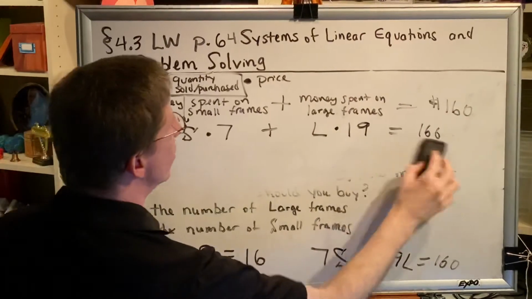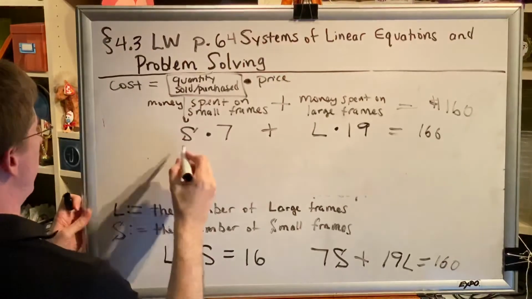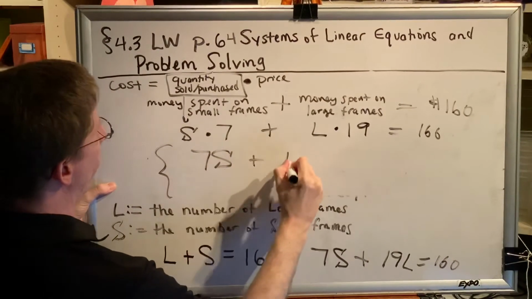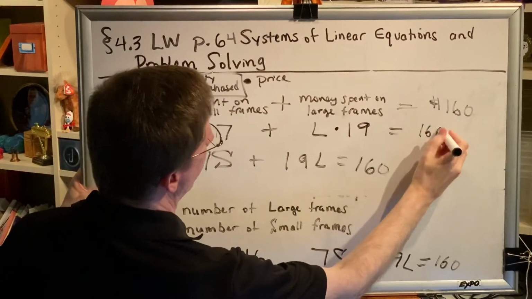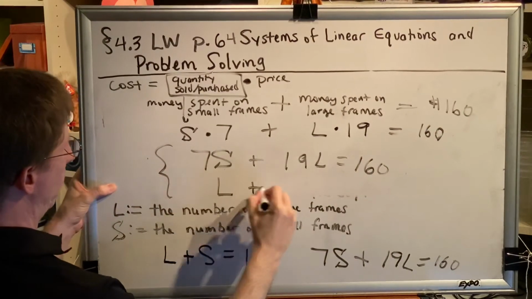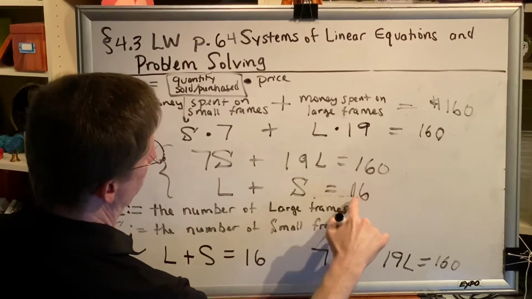So we can write our system of equations just by putting both of those equations one on top of the other. This is a 0 here. Sorry, I was a little sloppy with my writing. And there we go.